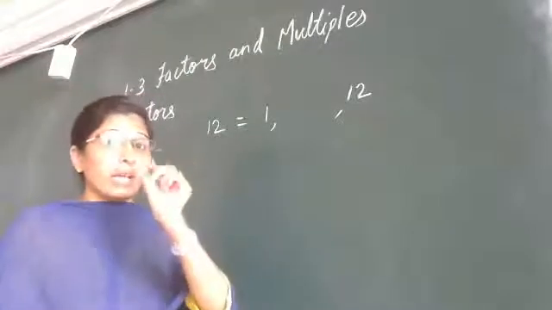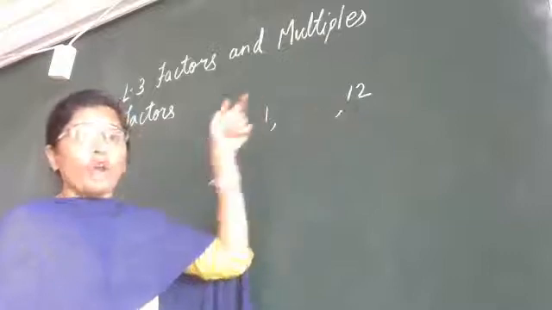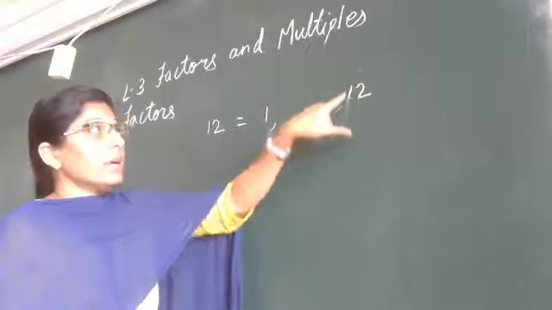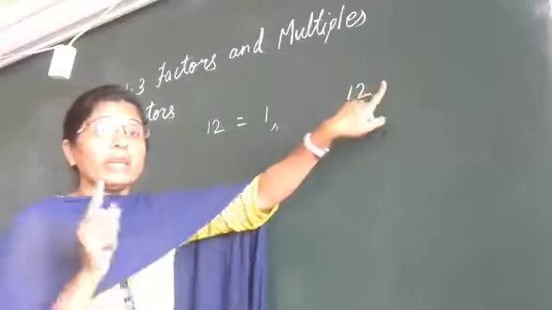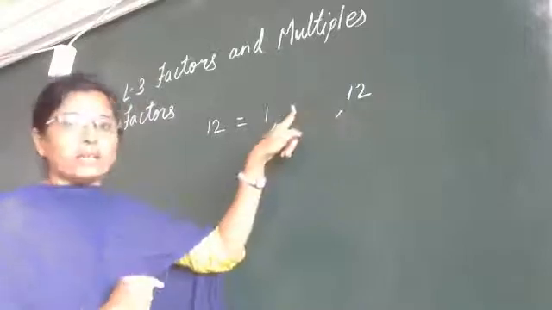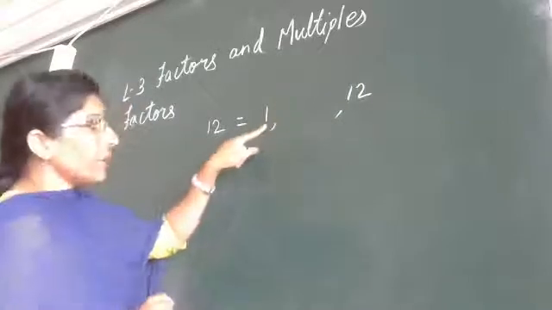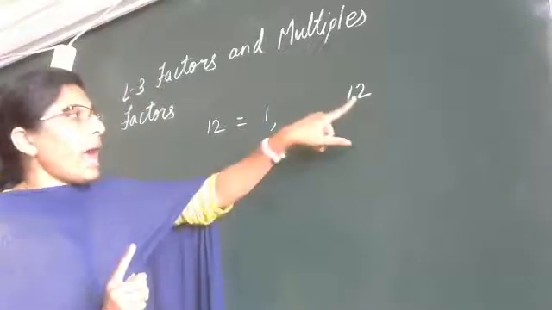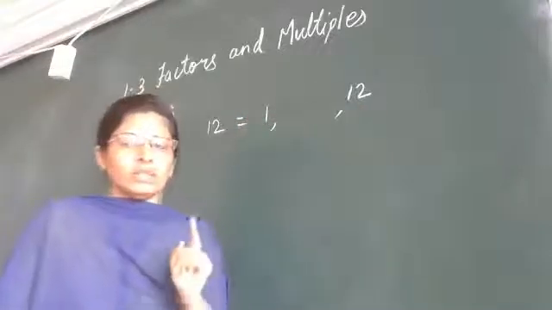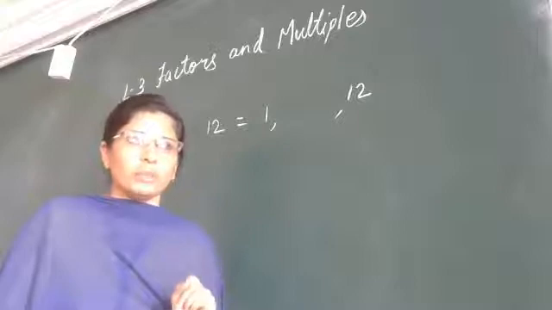So the number itself also is a factor of the number. So always the number itself will be the greatest. In the middle, other factors will come. So 1 will be the smallest factor and the number itself will be the greatest factor. Understood the second property?